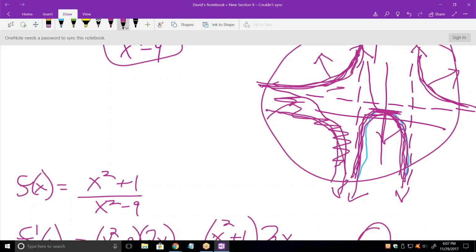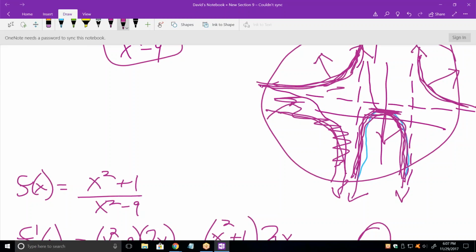Now, there are some really complicated functions that don't follow the rule I just told you. It's a really general rule of thumb, but I think I've maybe seen one in 8 years that didn't follow this rule.